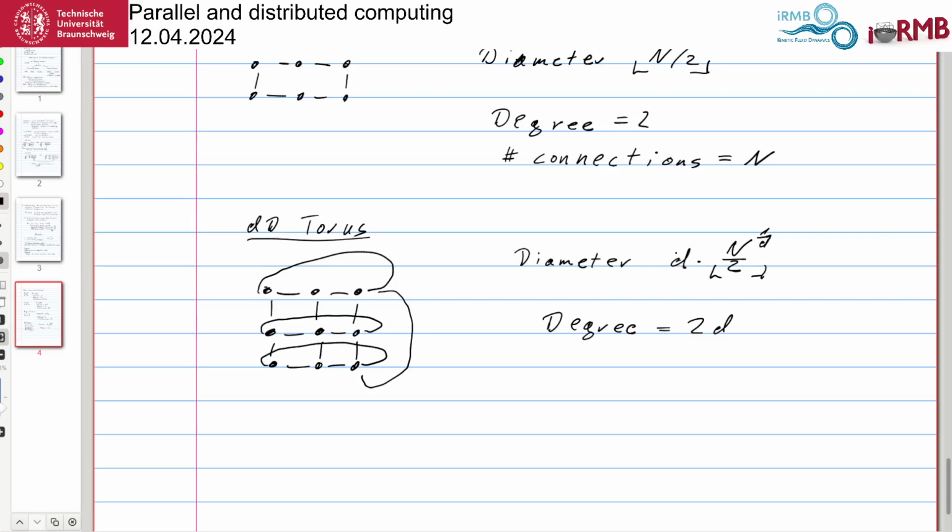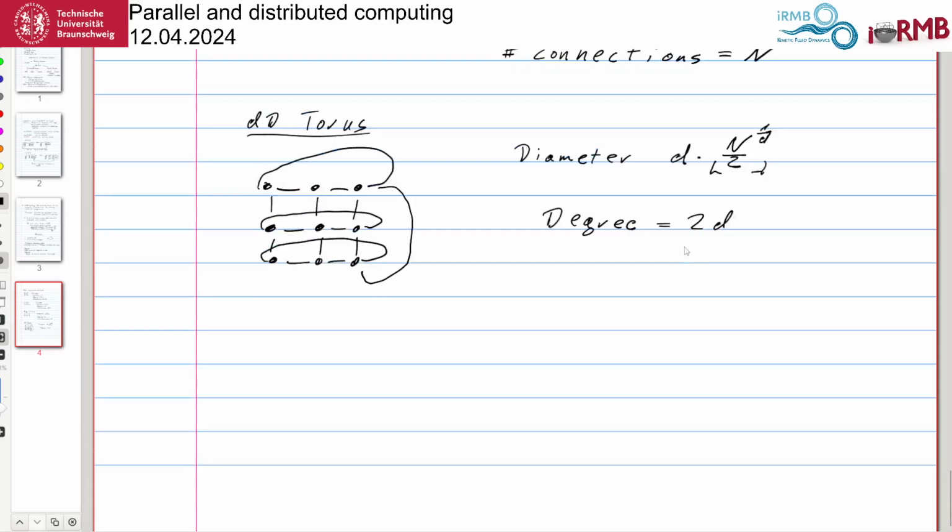Then there is something called the d-dimensional hypercube. The hypercube has n nodes, and because it's a cube, n equals 2 to the power of d.